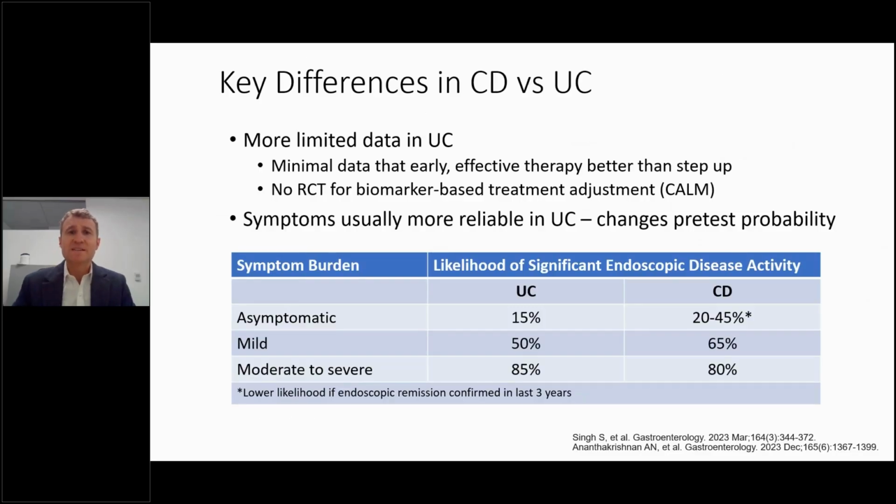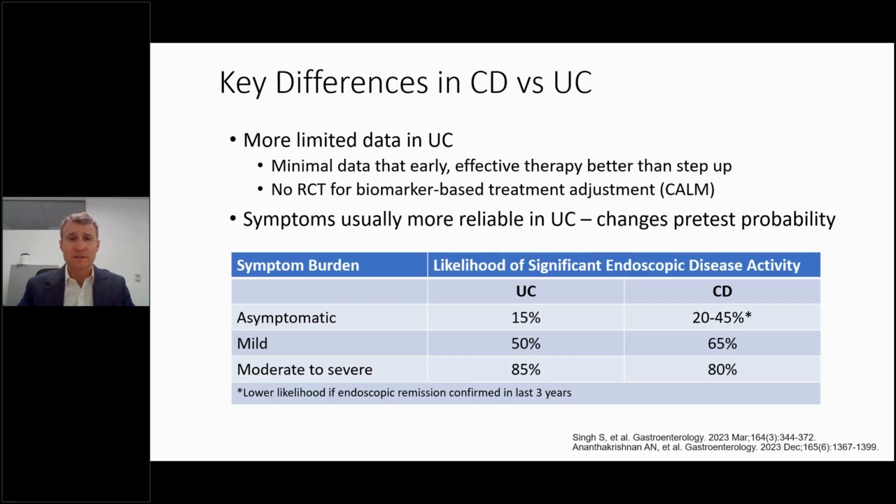There are some key differences to know between Crohn's disease and ulcerative colitis in regards to fecal calprotectin monitoring and really this treat to target concept. Really, there's less data in ulcerative colitis. We actually don't have much data in ulcerative colitis that, as compared to Crohn's disease, early effective therapy, meaning shortly after diagnosis, putting people on an advanced therapy is necessarily better than a step-up strategy.